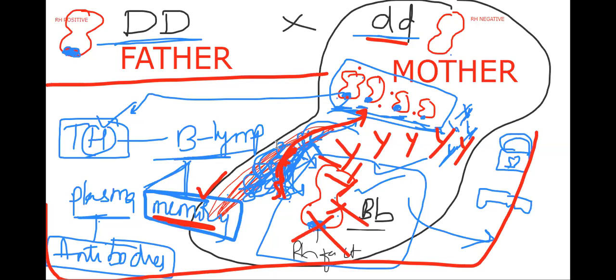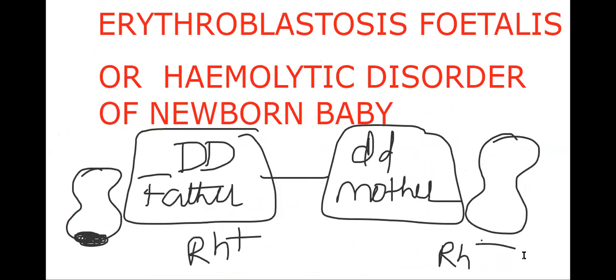When they start the destruction of the baby RBC, the bone marrow will try to produce a large number of RBC, because the mother's antibodies are destroying the RBC of the baby. In the meantime, due to the rapid production, immature RBC will be produced over and over. Those immature RBC are called erythroblasts.